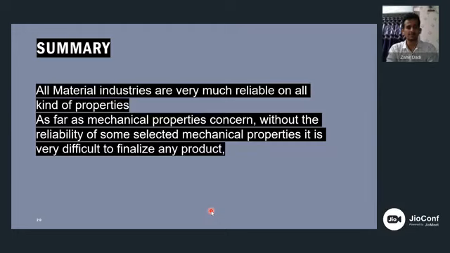Other than these, all material industries rely on all kinds of properties, but specifically for mechanical properties, I can say that these tensile, hardness and toughness properties are very important to any material.